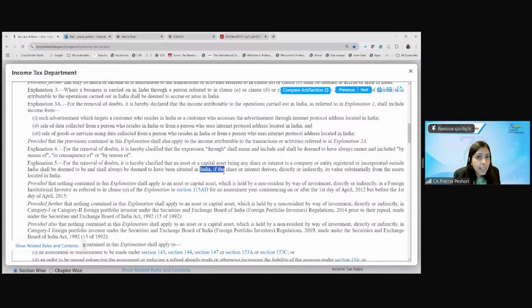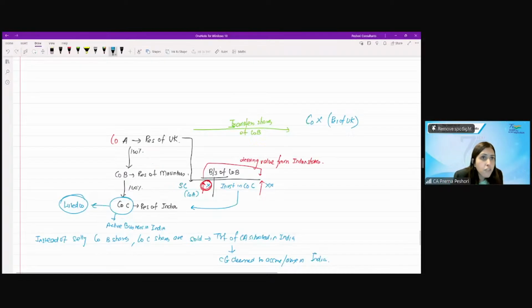So what they are saying is that the capital asset being the share of the foreign company, which is sold, shall be deemed to be situated in India.